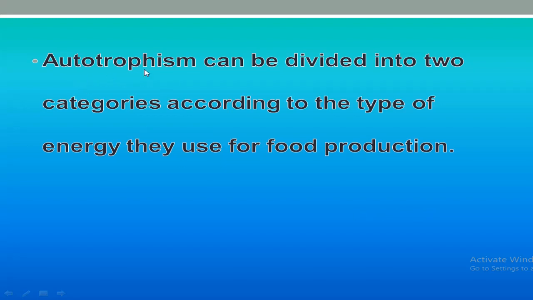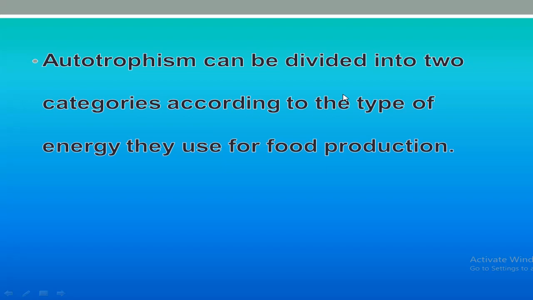Autotrophic organisms can be divided into two categories, or two groups, according to the type of energy they use for food production. Autotrophic organisms use different energy sources to produce their own foods.